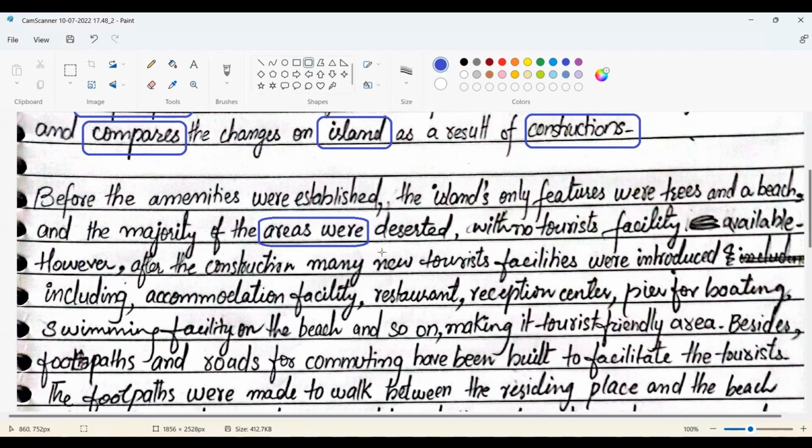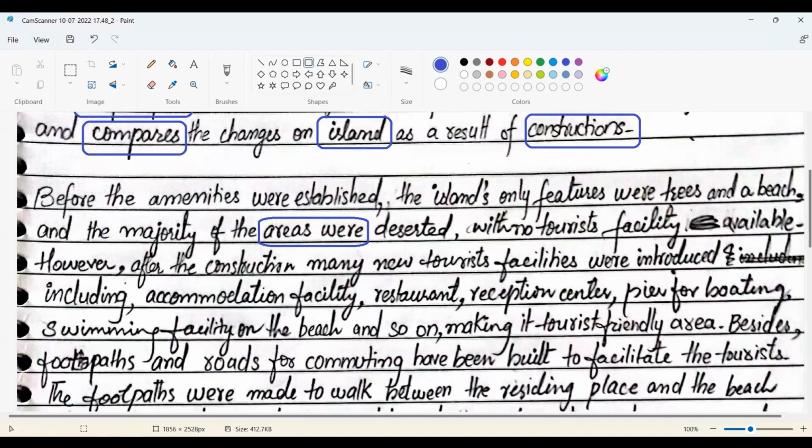Majority of the area. But why area? Because there is the same one island, and we are speaking of the whole area of that island. There are not various areas at different places, or they are not demarcated. So that's why.